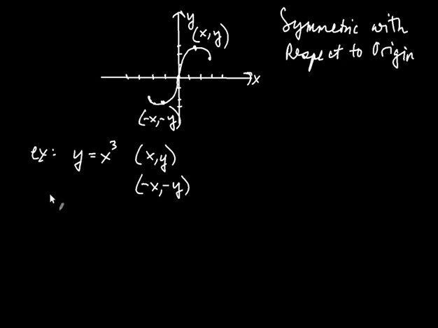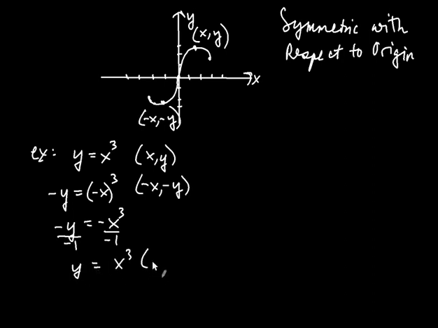Let's see. It's going to be negative y equals, and then x with negative x, it's going to be negative x cubed. And we have negative y equals, and then when you cube negative x, it remains negative x cubed. And now you can divide both sides by negative 1, and you get y equals x cubed, right?